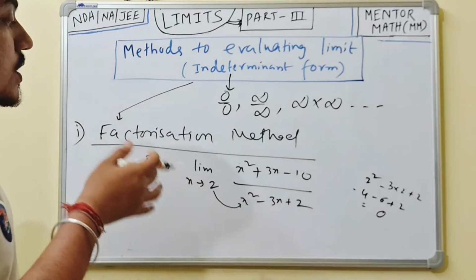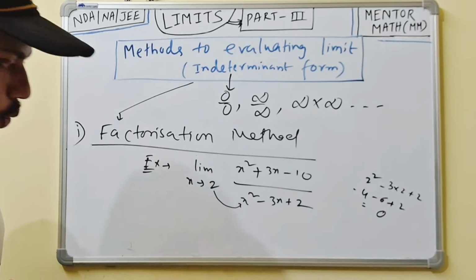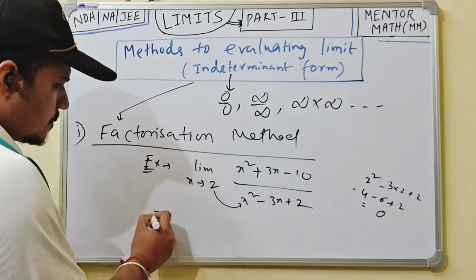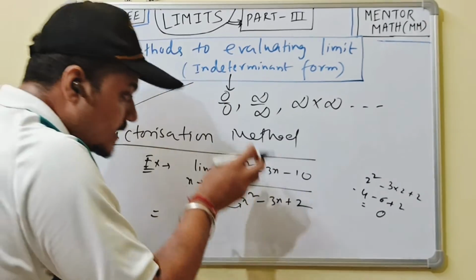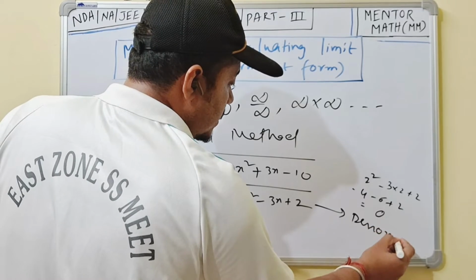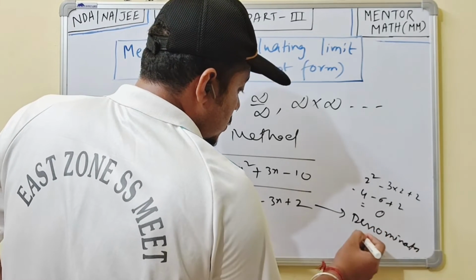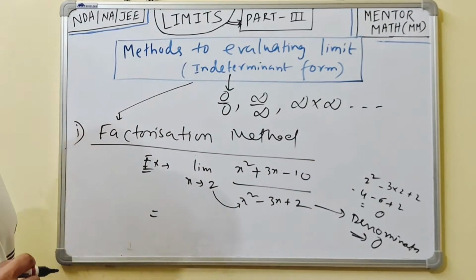In that situation we have to use the factorization method. We can't put x equal to 2 directly. If the denominator goes to 0, we have to apply the factorization method.